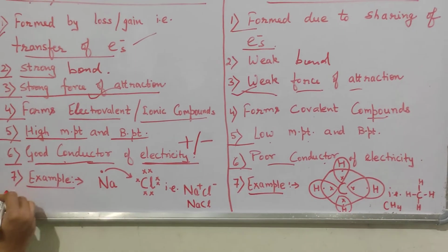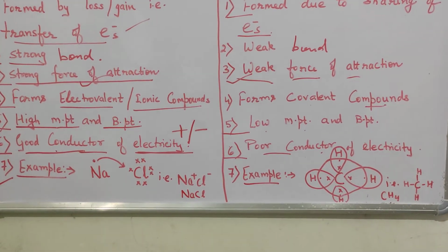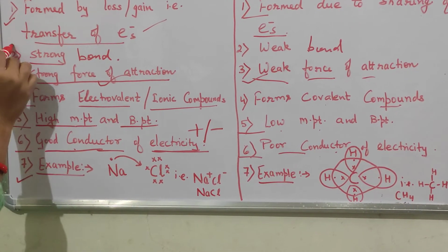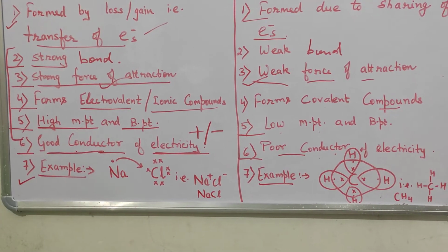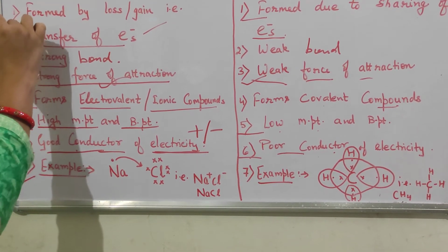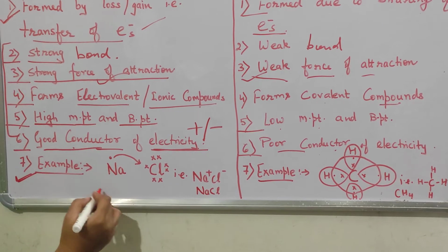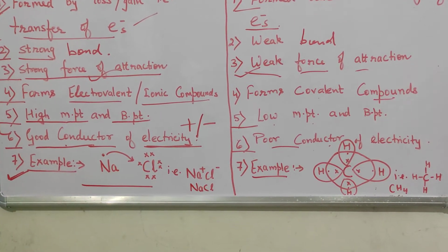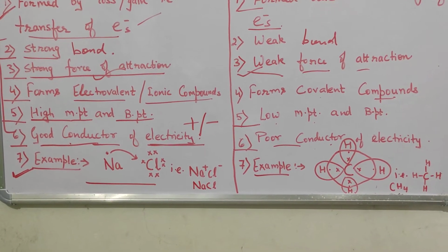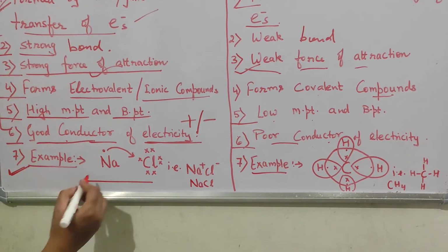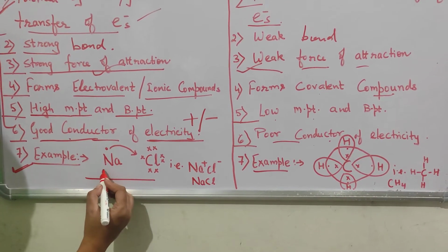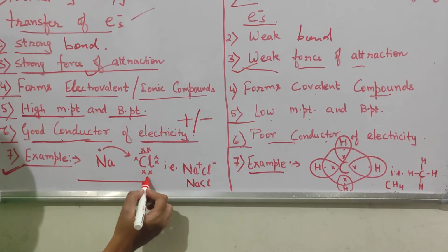And at the end, you will write down the example. Suppose that if any of the point you miss out, no problem, but you must write down the definition and example in this pictorial form, in this mathematical notation form, in this formula form. For electrovalent bond, as it is shown, these are the electrons.